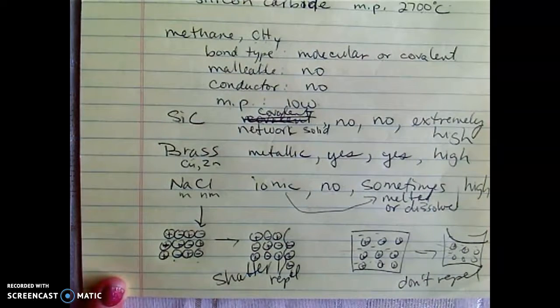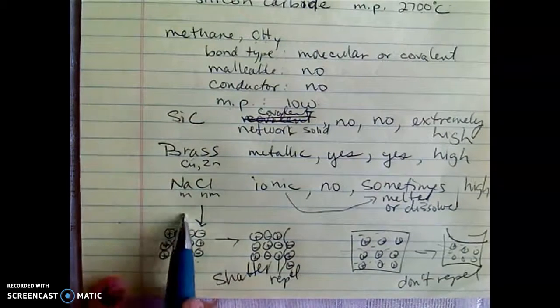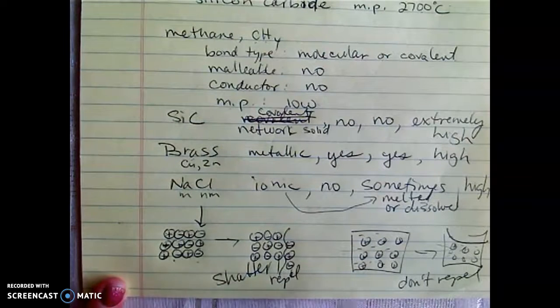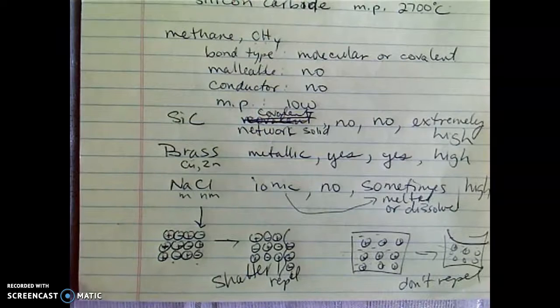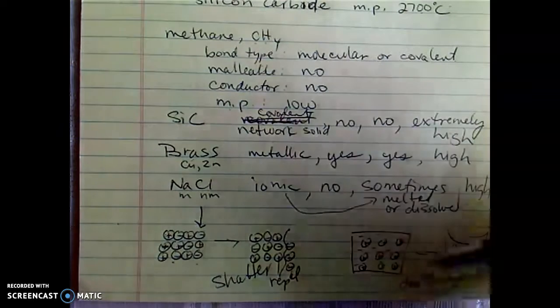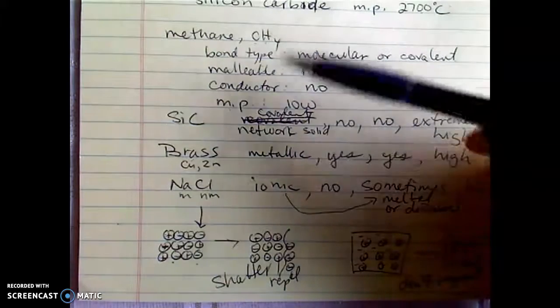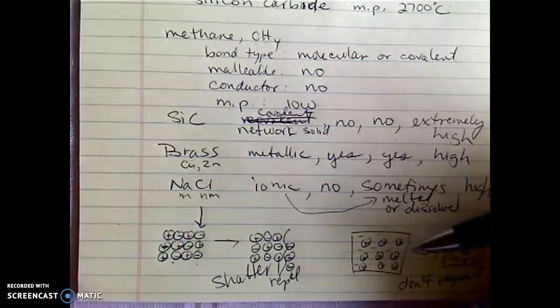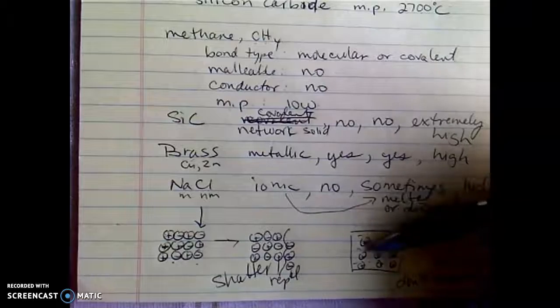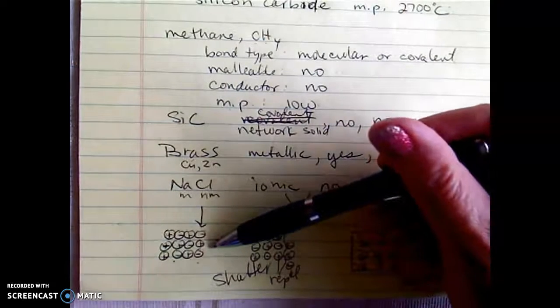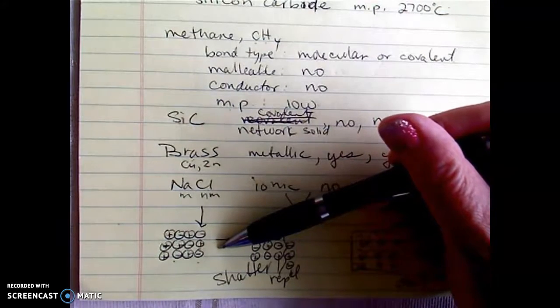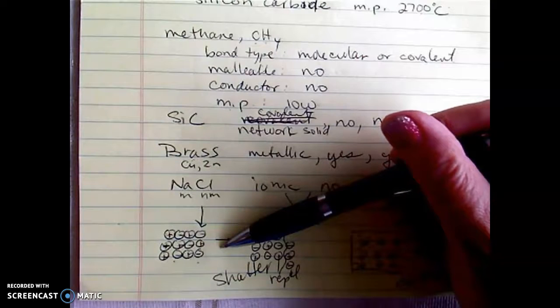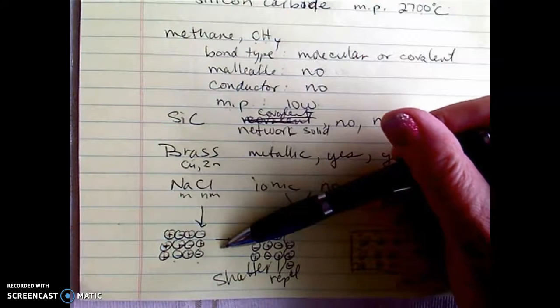Or if you dissolve it, the pluses and minuses get broken apart and surrounded by water and then are free to move. And so they can conduct electricity very easily. Most molecular compounds, though, if you go back to like methane, remember they don't have free moving electrons, they don't have ions, so they cannot conduct electricity. You have to have a fully charged particle to conduct electricity.